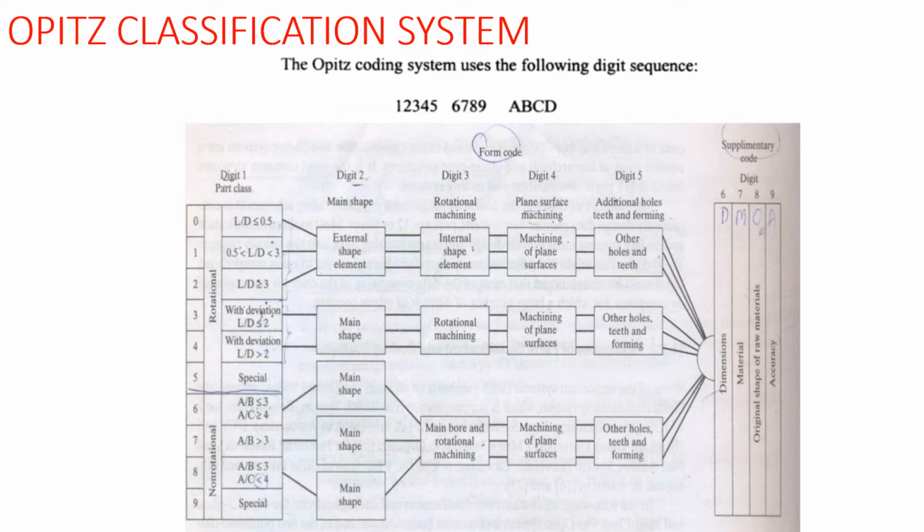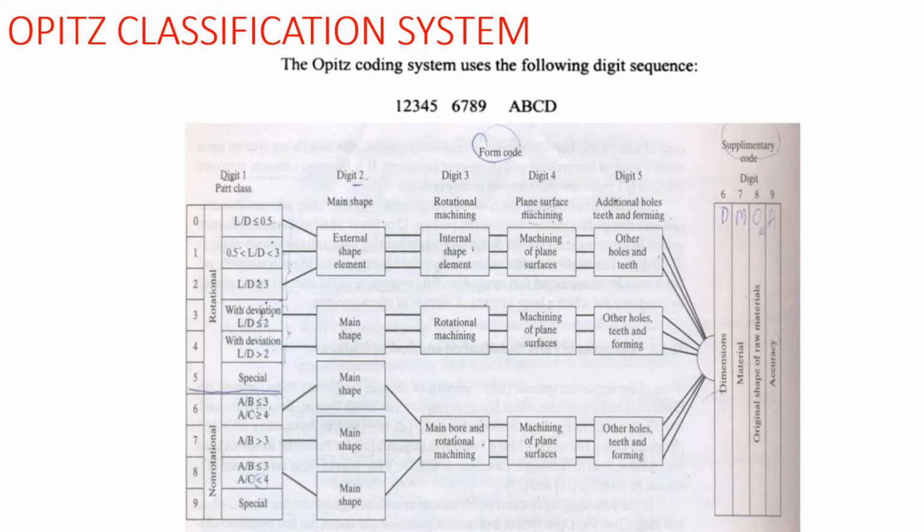OPIT's classification system. OPIT is a coding system which is used to identify the product's dimension, accuracy, material, original shape of raw material, and so on. OPIT is one of the widely used coding classification systems to specify the design of product to manufacturing.